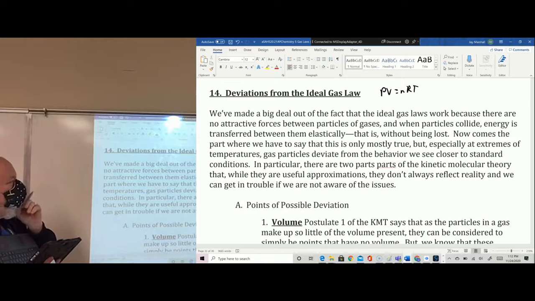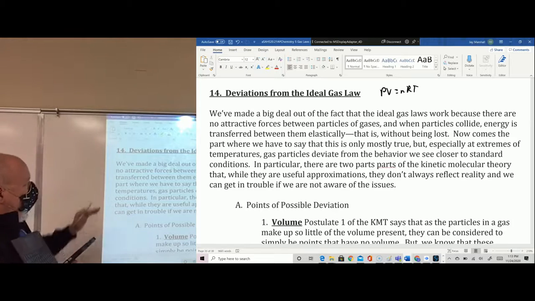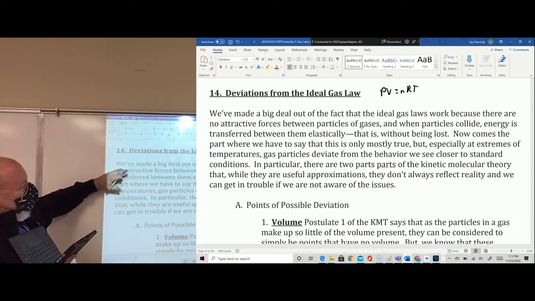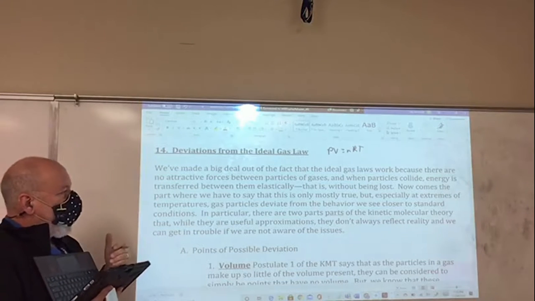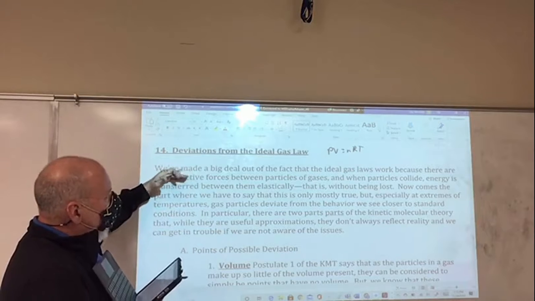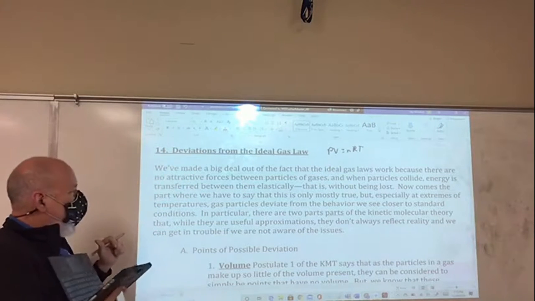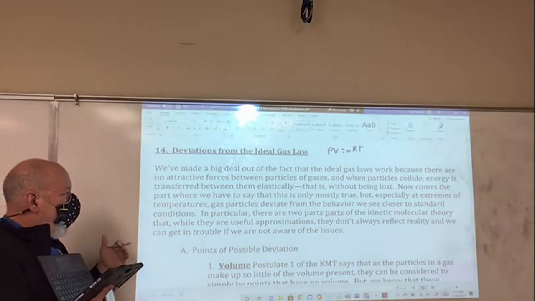We deviate from the ideal gas law, and we need to know something about why that happens. So we've made a big deal out of the fact that the ideal gas laws work because there are no attractive forces between particles, and when particles collide, energy is transferred between them elastically without being lost.